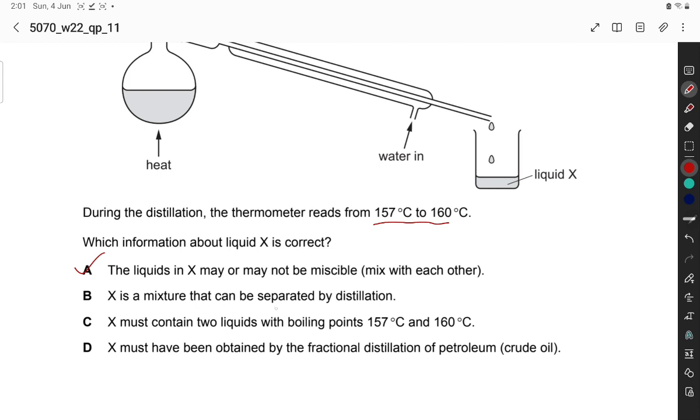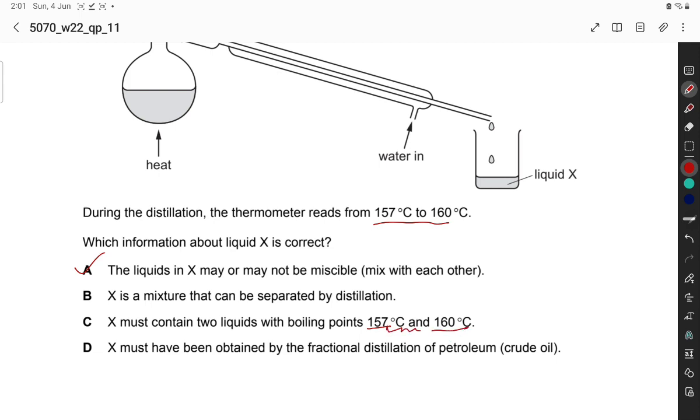X is a mixture that can be separated by distillation. No, a mixture that is miscible can be separated by fractional distillation. X must contain two liquids with boiling points 157 degrees centigrade and 160 degrees centigrade.